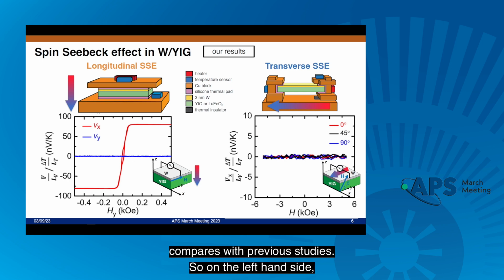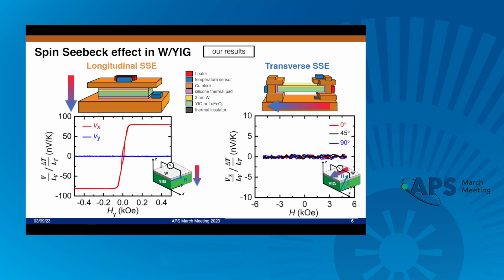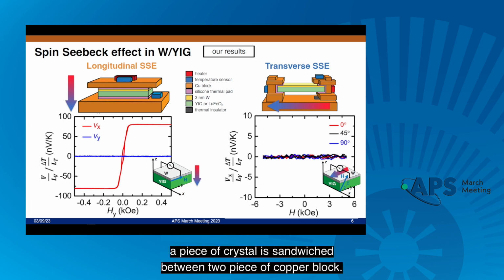So on the left-hand side, it is the longitudinal spin Seebeck effect again. A piece of crystal is sandwiched between two pieces of copper block. The top piece has a heater attached to it, and the bottom piece serves as a heat sink.